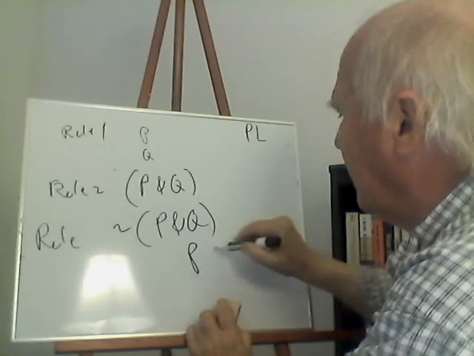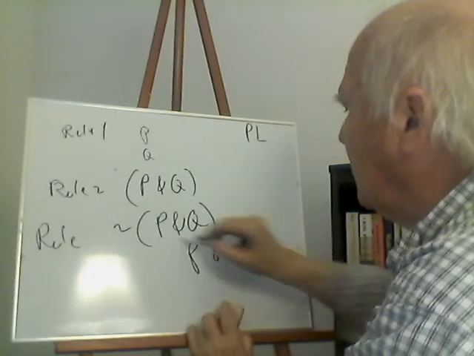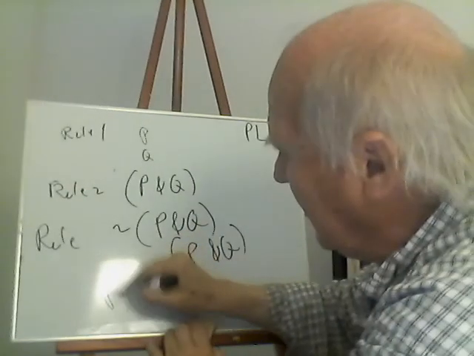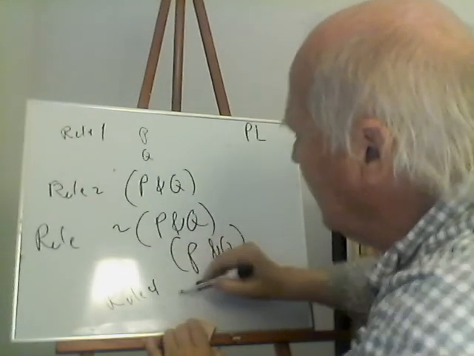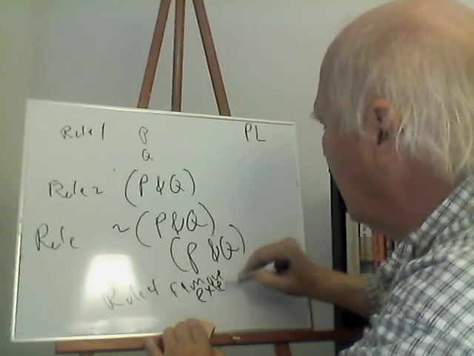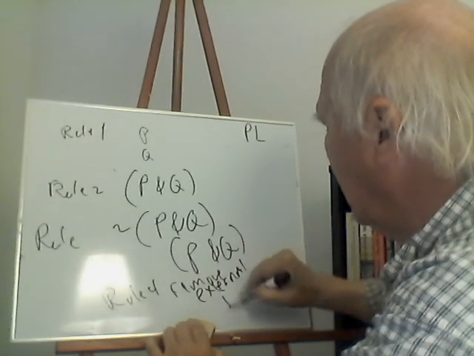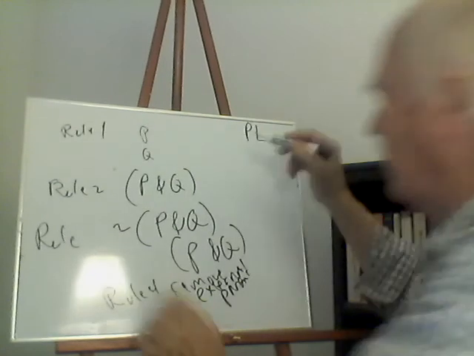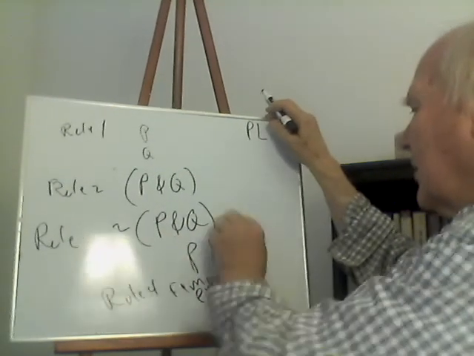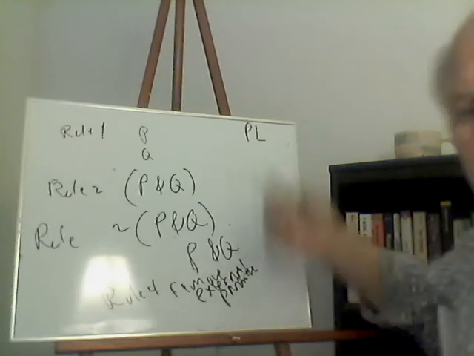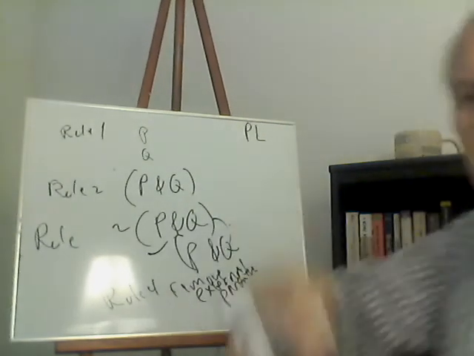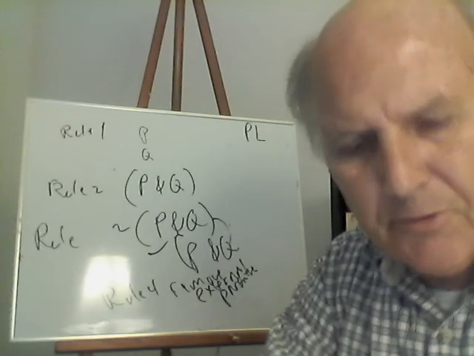I'm not going to do anything with P and Q. Rule 4, let me add one more rule: you can always remove external parentheses if it won't cause ambiguity. So in this case I can take the parentheses off if I'm not going to do anything more with it, and it's P and Q. If I'm going to negate it, then I've got to put them back on. Okay, that's all for now, and I'll continue this in the next lecture.